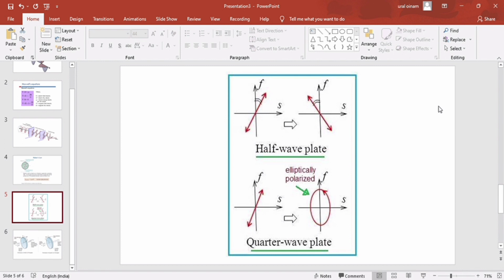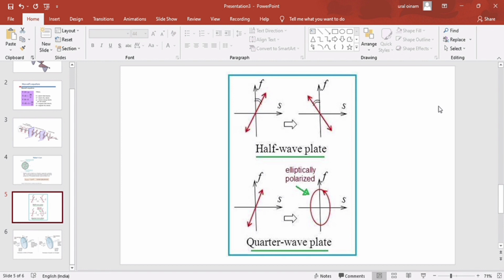So the resultant of the instantaneous values of the x-axis component and the y-axis component will trace a particular pattern as the electromagnetic wave propagates.